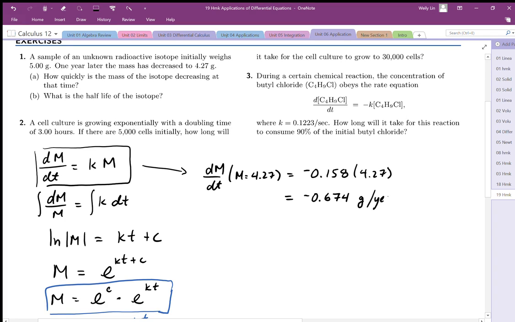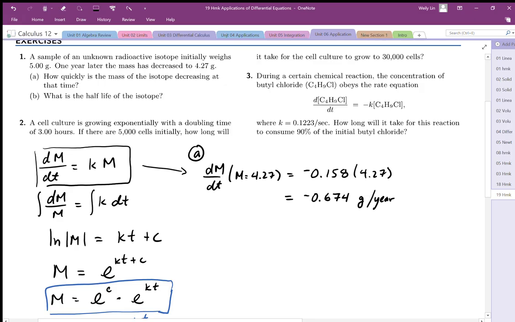Okay, so at 1 year, at t equals 1, which is when the mass is 4.27, we're going to have a rate of change of negative 0.67 grams per year. So that's part A.